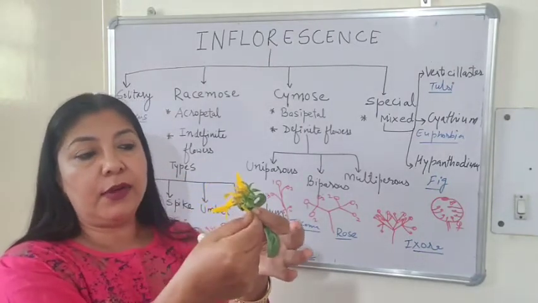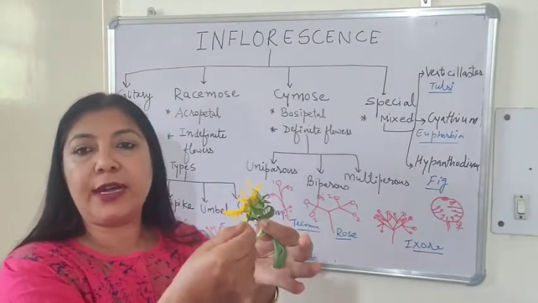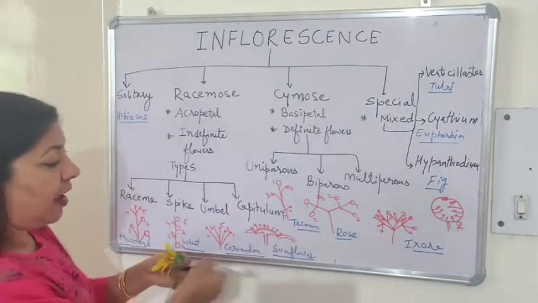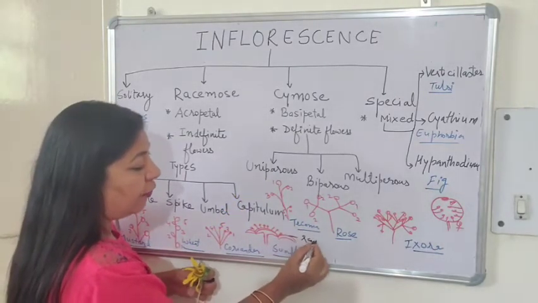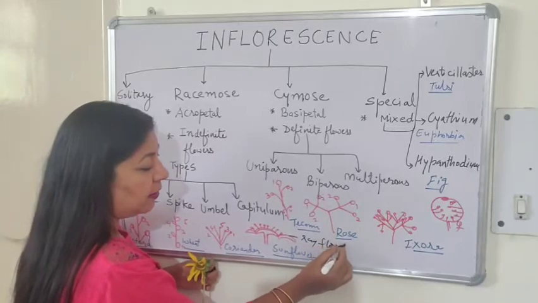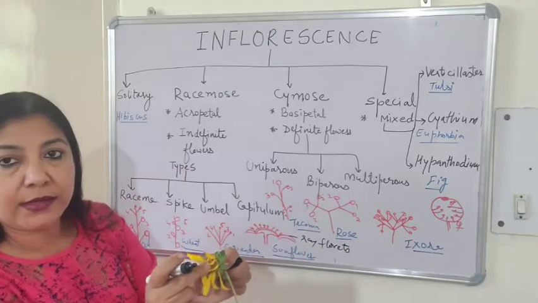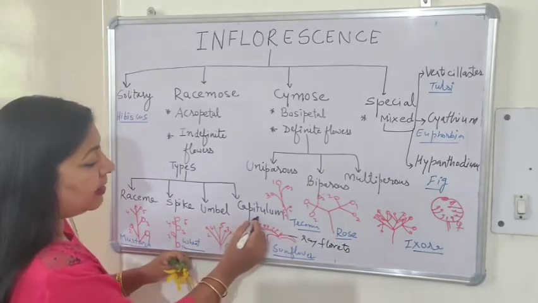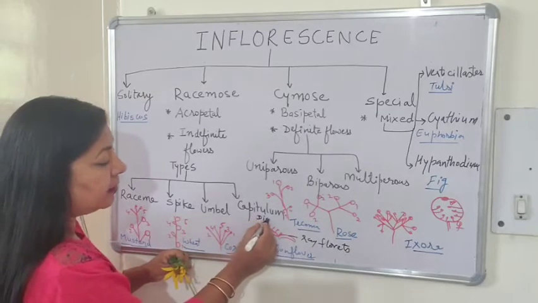This is one flower, which are called ray florets. So these structures are called ray florets. And the center ones are called disc florets.